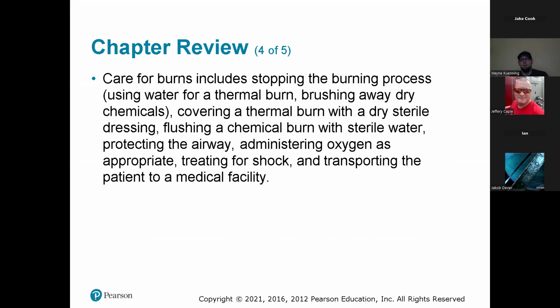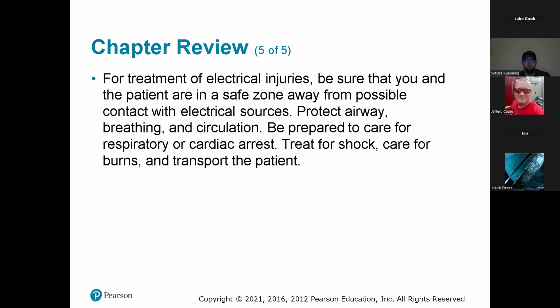Care for burns is stop the burn, obviously. Water for thermal burn, brushing away dry chemicals, covering a thermal burn with a dry sterile dressing, flushing a chemical burn with sterile water, protect the airway, administer oxygen as appropriate, treat for shock, and transport the patient to an appropriate trauma facility.